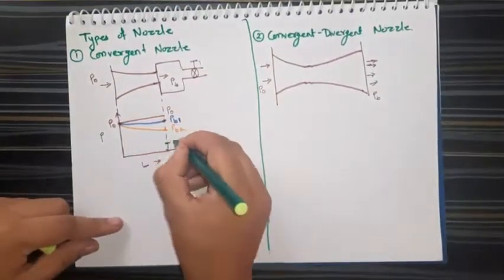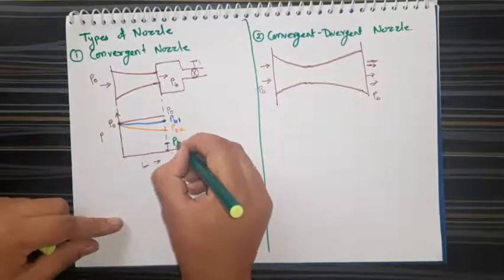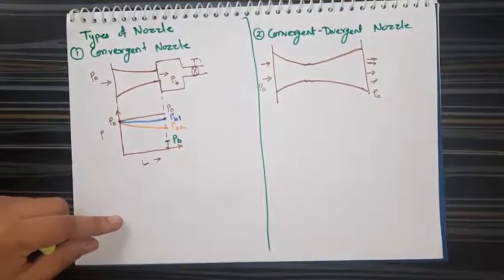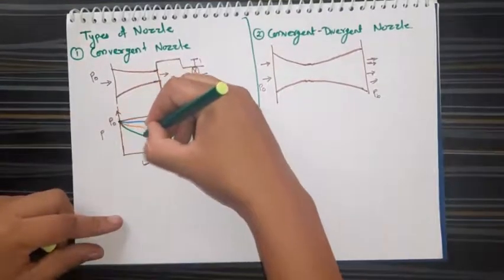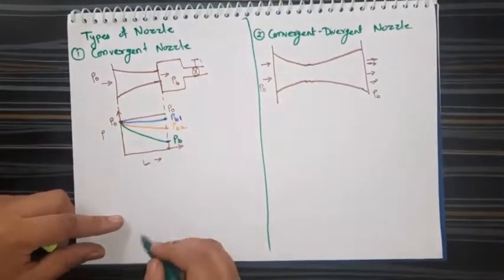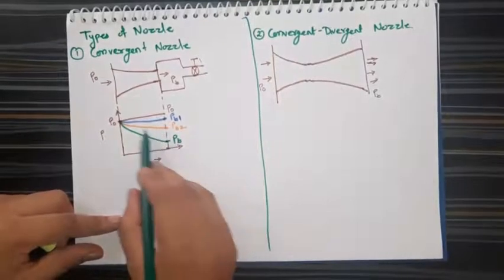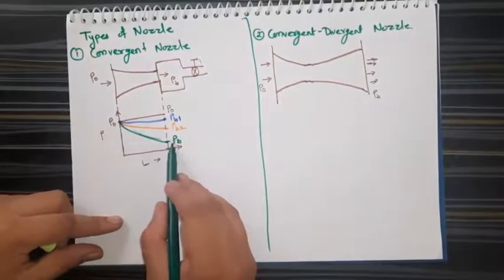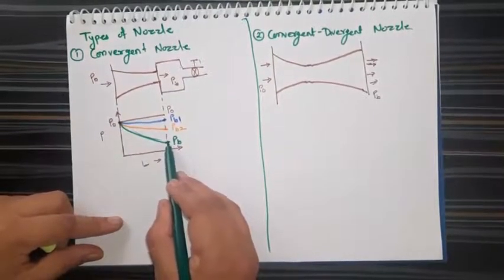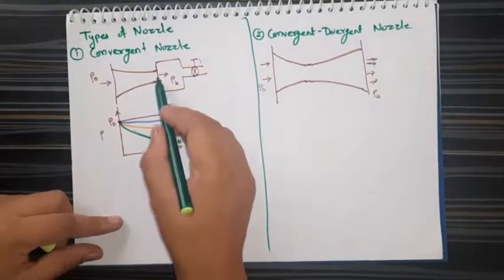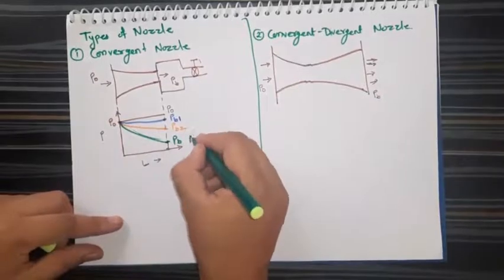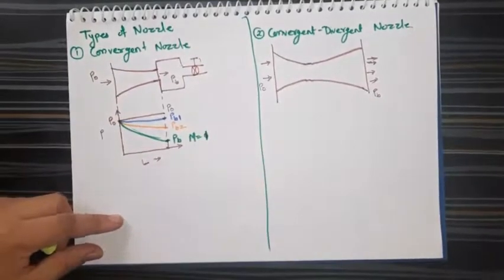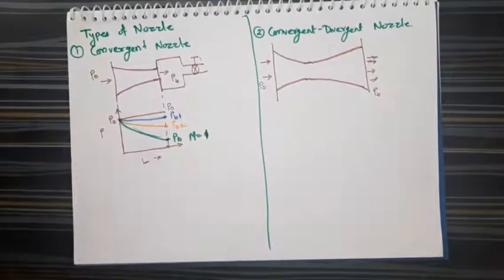Let's say this is the back pressure PB where you will get the sonic velocity. That means it will drop from P0 to PB, and at this condition the velocity at the exit of this nozzle will be the sonic velocity. That means the Mach number will be equal to 1.